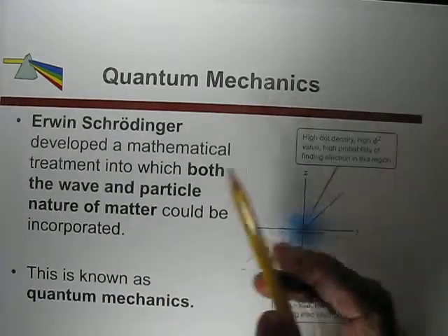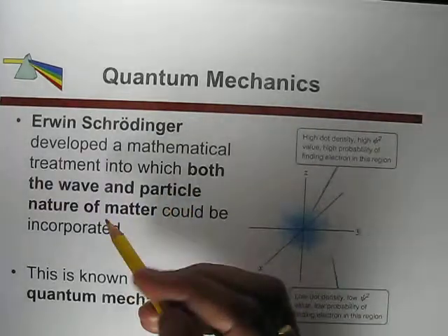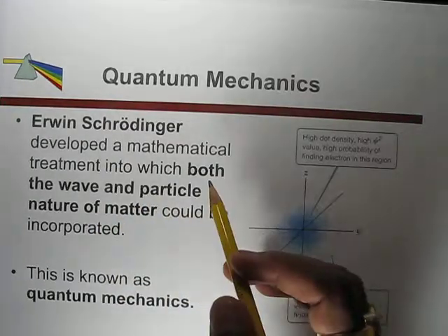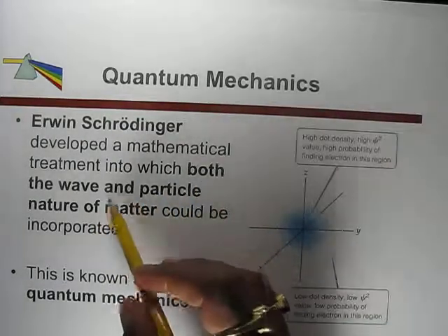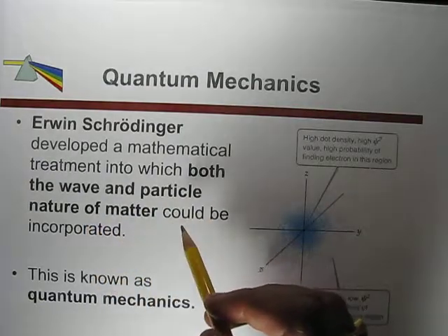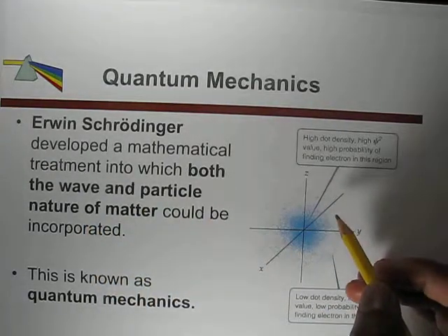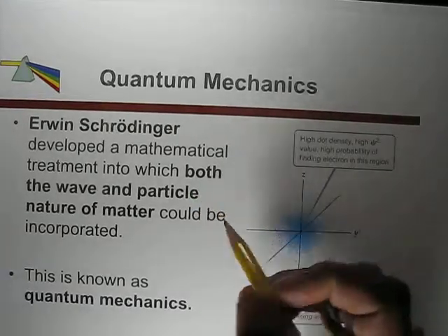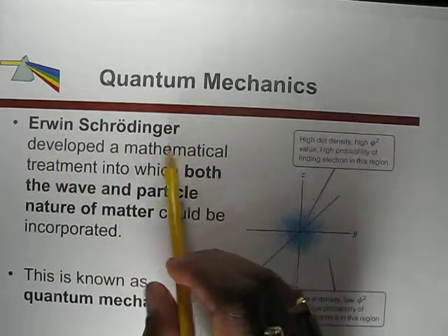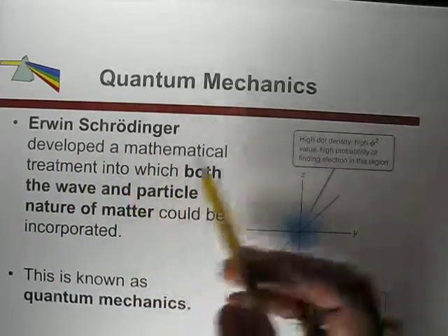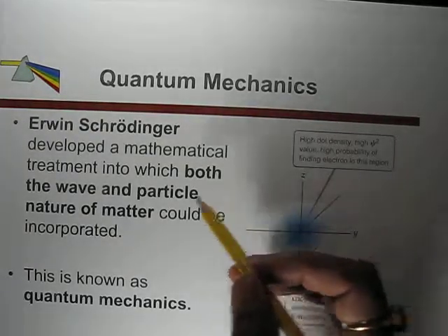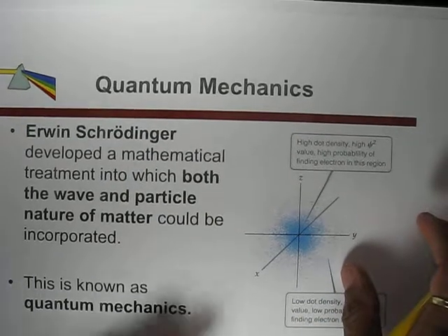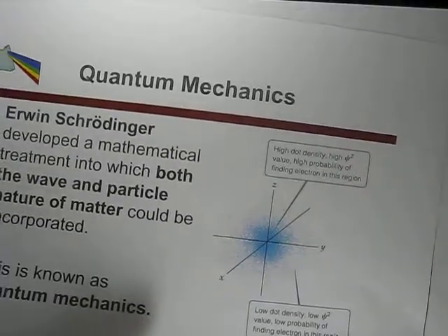Quantum mechanics is nothing but how to express and explain the wave and particle, the dual nature of the electron, where Schrödinger has given mathematical equations to explain the wave nature and particle nature of matter.